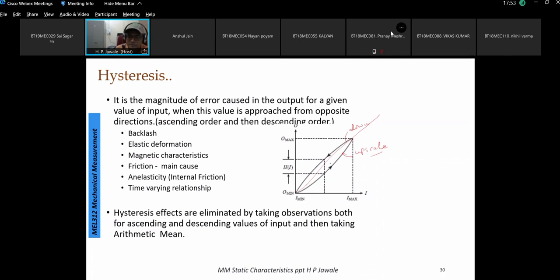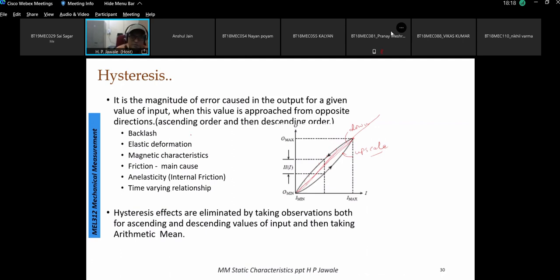There is some non-linearity induced. Once we go to the maximum value of the input and the corresponding maximum value of output, and then start reducing the load, it exhibits some lag in the property. So a higher reading is shown than the ideal value. In this condition, we find that this is an error.